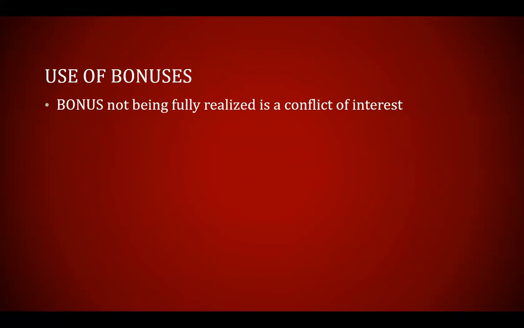If you're selling a client a product with a 5% bonus, then that client is expecting to get an additional 5% bonus on the money that they've deposited. If 3% of that is used to offset a surrender penalty, so you can move from annuity A to annuity B to make another commission, that client has not fully realized that 5% bonus, and that could be a conflict of interest going forward that you need to be aware of in your practice.